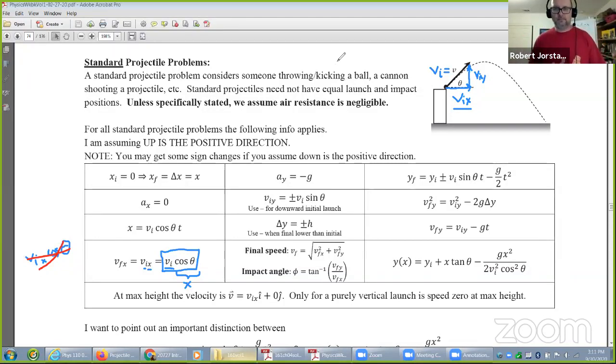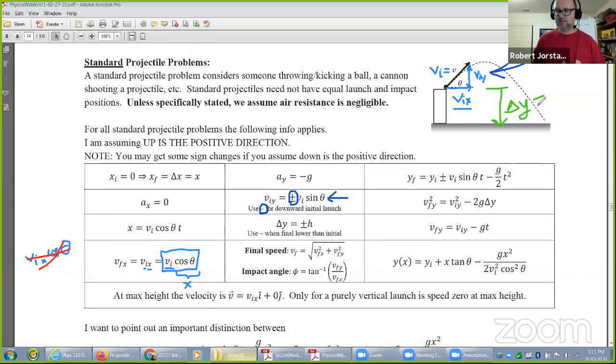Now, similarly, you can see this V initial Y. That's going to be a sine theta. Now notice I put a plus or minus in here. You could use a negative sign if it's moving downwards, right? Similarly, if this thing is going from this height down here, delta y is not h.